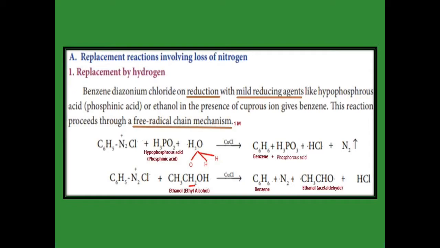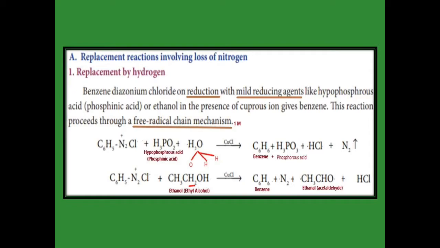In that water, two hydrogens are there; one hydrogen goes to C6H5 so that we get C6H6, and another hydrogen goes with the chlorine in benzene diazonium chloride, so we get HCl. We have to remove the nitrogen N2, and the oxygen present in water is added to the hypophosphorus acid, and we get phosphorous acid H3PO3.